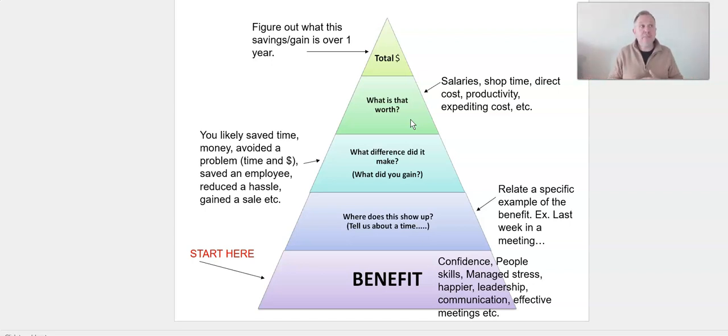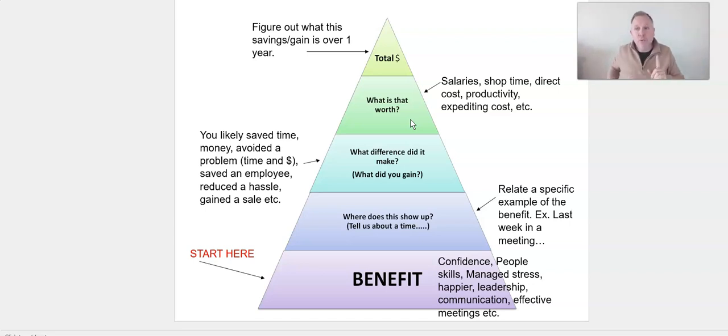If you maybe retained a person, well, replacing somebody in business costs at least 1.5 times their salary, believe it or not. You've got to find another person, which takes time and money: hiring, interviewing, onboarding, getting them prepared to perform.